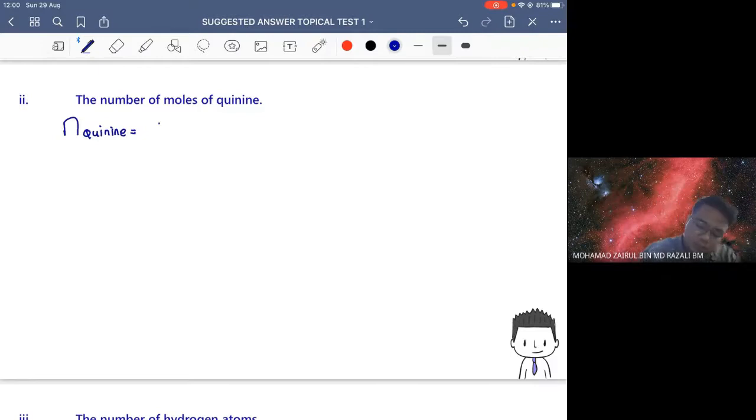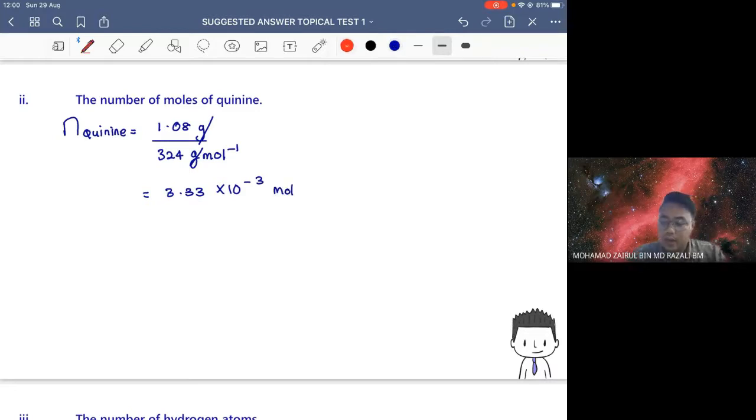So mass is 1.08 gram divided by the molar mass we calculated earlier, which is 324 gram per mole. So you can cancel the unit gram. So your final answer is 3.33 times 10 to the power of minus 3, and the unit for number of mole is mole, M-O-L. So if you calculate correctly, you get one mark.